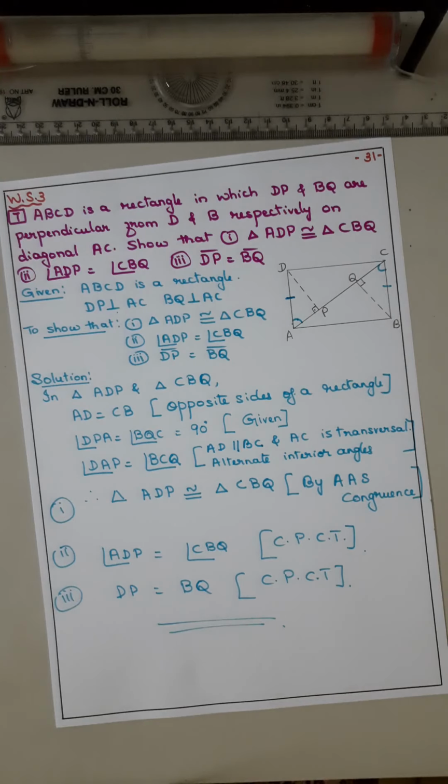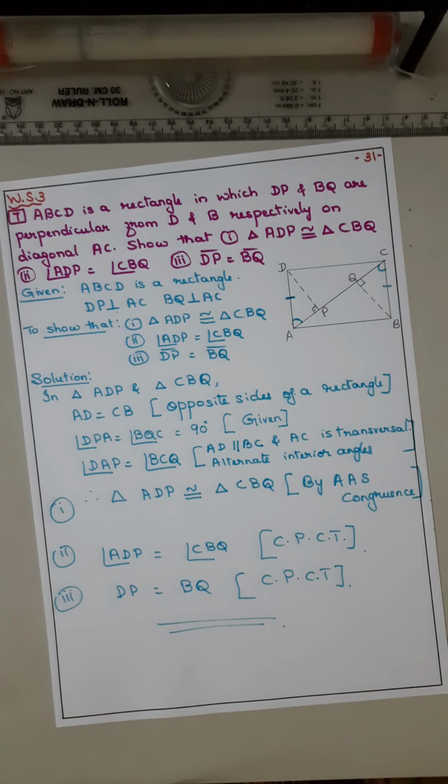Understand the sums properly. You have to write given, to show, and the solution for each and every sum. You have to draw the figure and all. I know it is a little bit difficult, but you have to understand and write. The writing part is very lengthy. For everything you have to give the reasoning also, within brackets, why it is so.